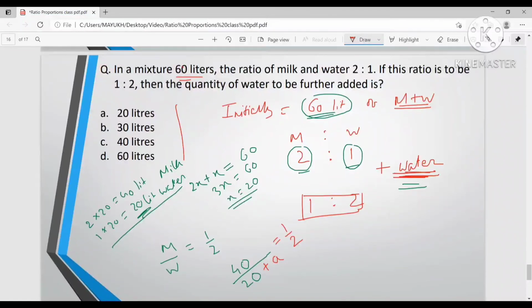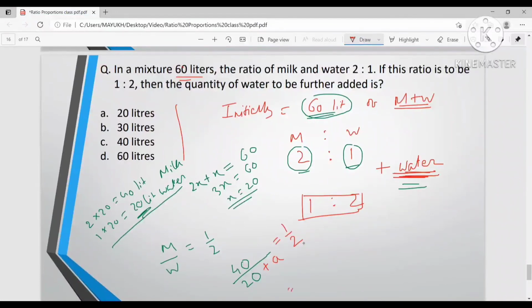So now you'll say, sir, why did you not add A to the milk? Because 40 is milk and 20 is the water, so I'll add to water only. He added water. If he had added milk, I would be happy: give me more milk. But no, he gave me more water, so I added it to the water.